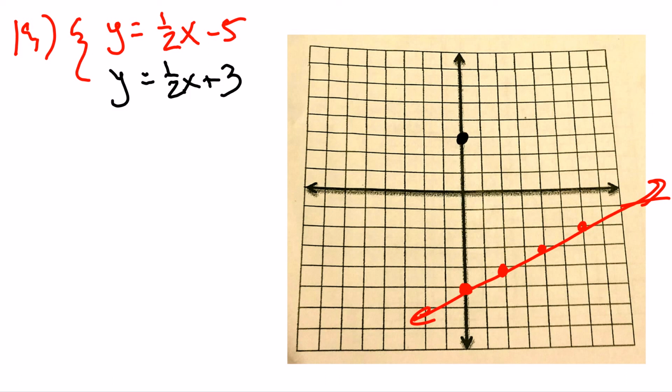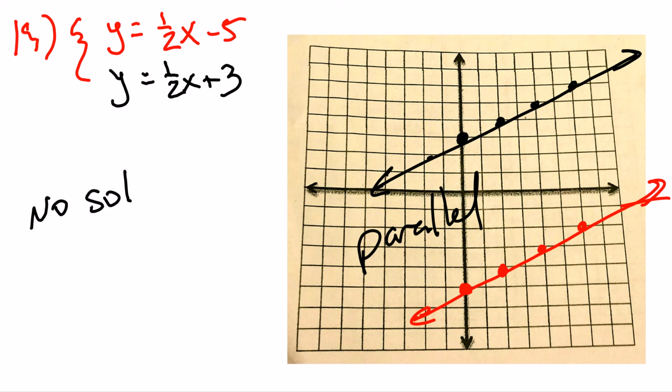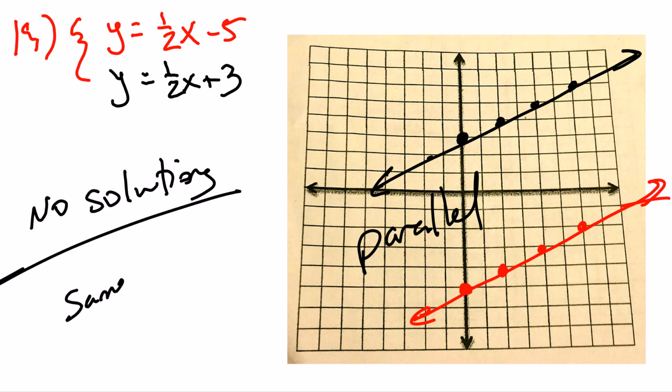We go up 1 over 2, up 1 over 2, up 1 over 2. They're parallel. So, no solutions. I could have done that without any work because they have the same slope. And that's it for 19. That finishes this worksheet.